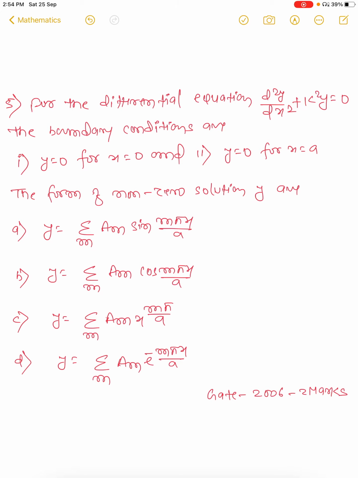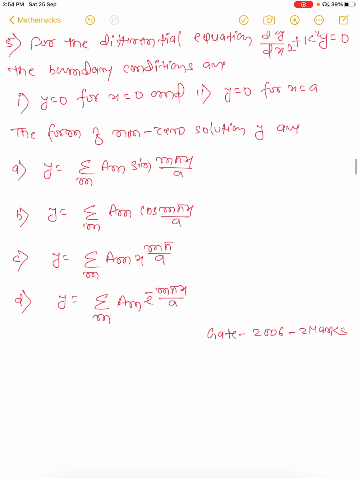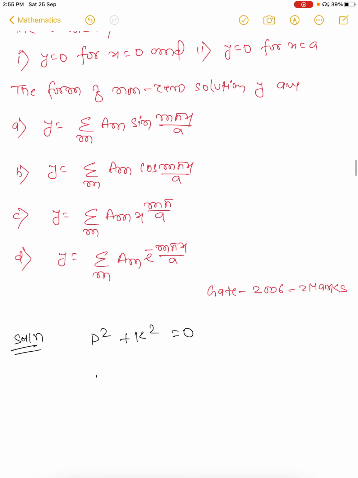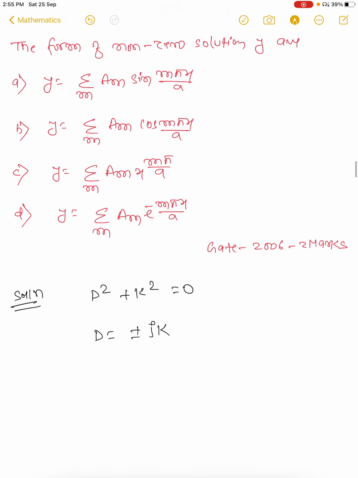The form of non-zero solution y is: see, D square plus k square is equal to 0, so D is equal to plus minus jk. So y will be A cos kx plus jB sin kx.